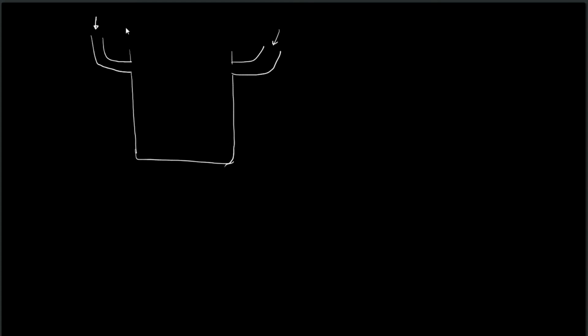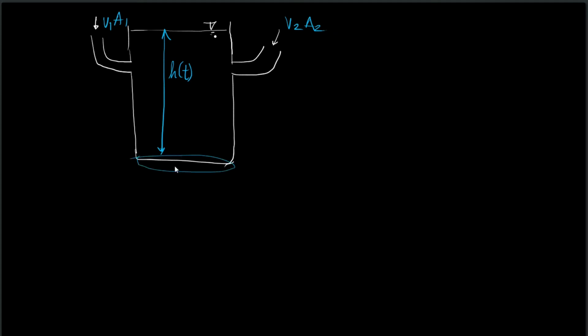The question is, what is the rate of change of the height of water in the tank? The height is a function of time, and the velocity over here is uniform. It is v1, it is v2. The area is a1, the area is a2. The area of this entire tank is A.